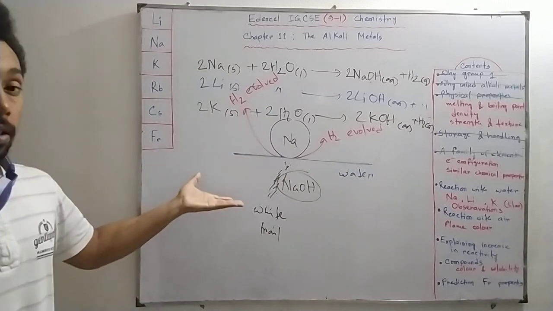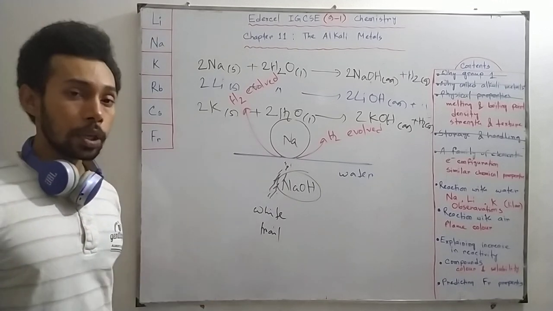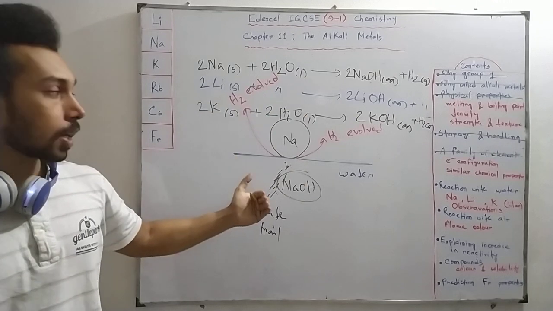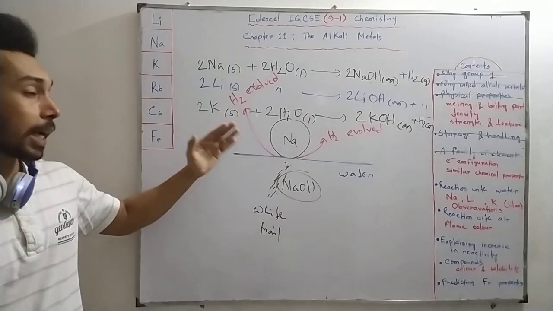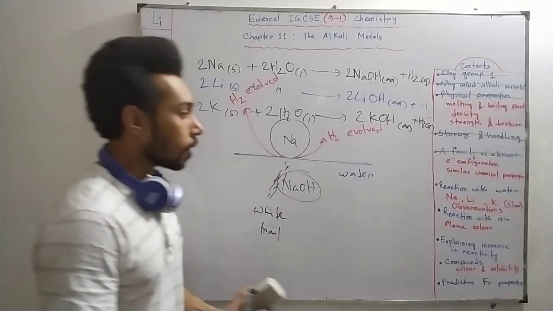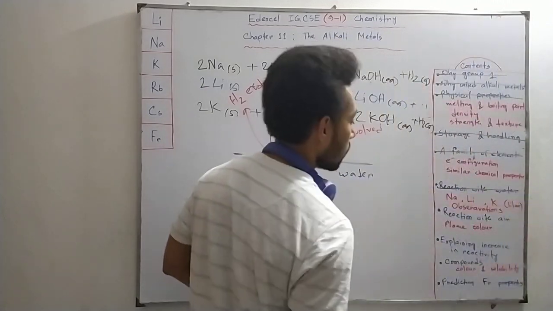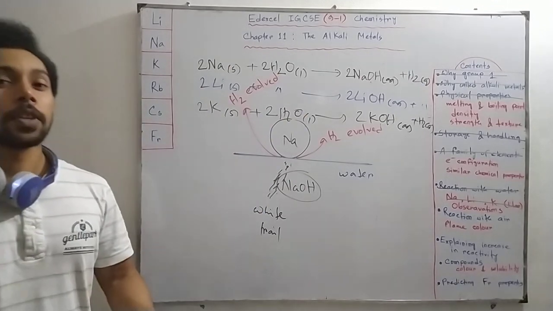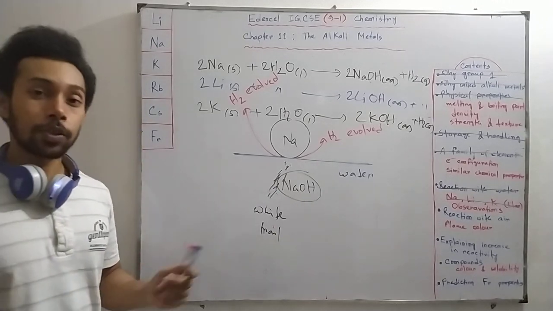So enough heat is produced to ignite the hydrogen gas when potassium reacts with water, and you'll observe a lilac flash. Okay, reaction with water, observation, and rubidium and cesium are way more reactive, so don't dare to react them with water in your school lab.